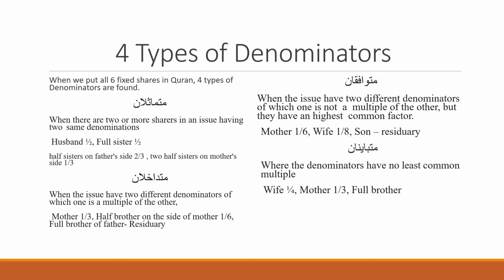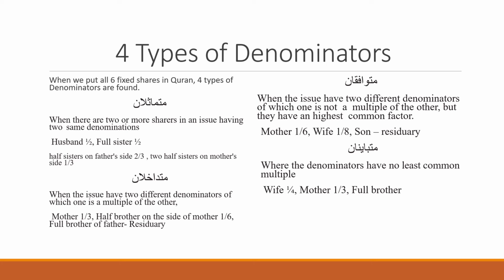Did you forget that we had already discussed? There are 6 fixed shares: 1 by 2, 1 by 4, 1 by 8, 2 by 3, 1 by 3, 1 by 6. Remember it? Yes. And there is sulusul baqi, the seventh one.